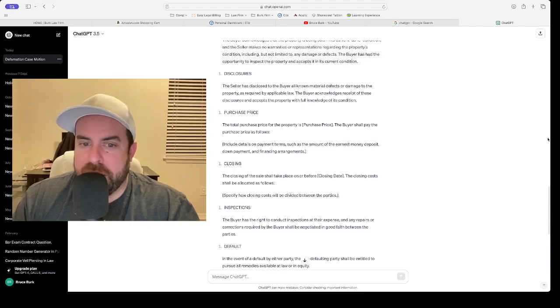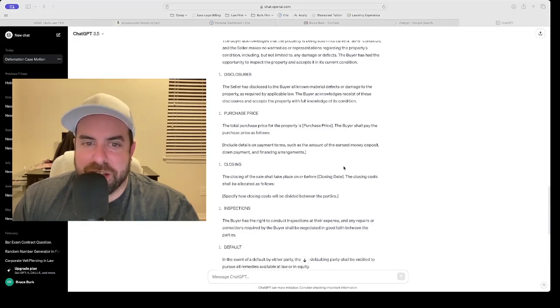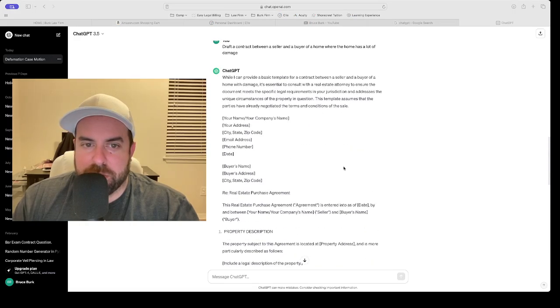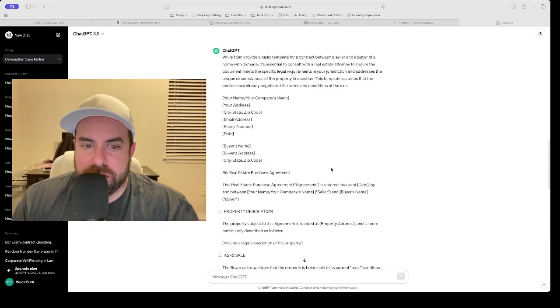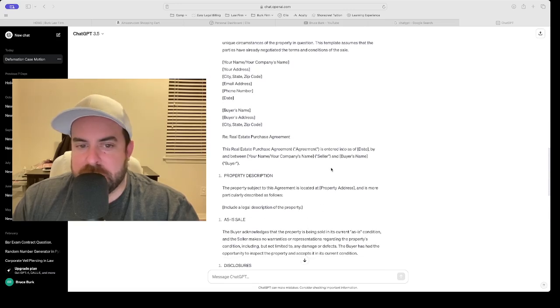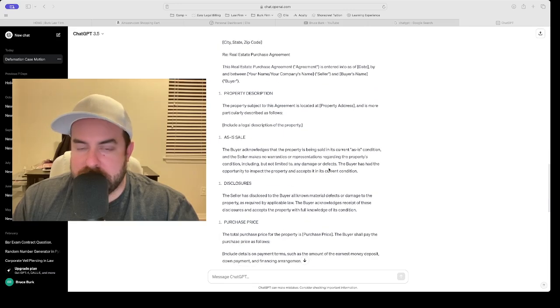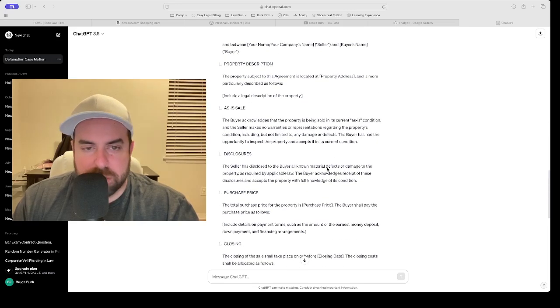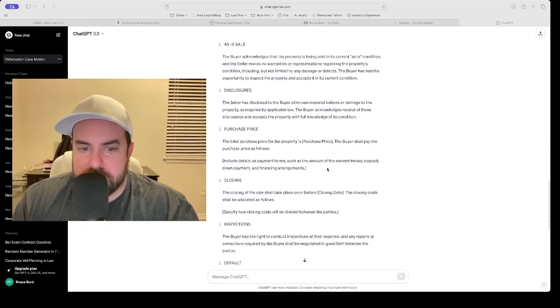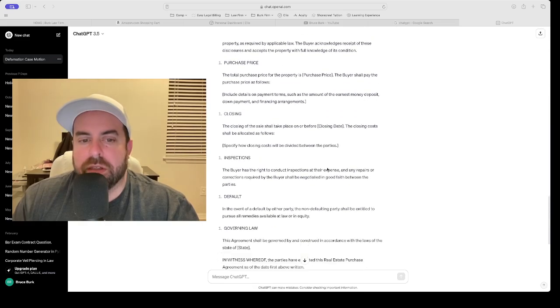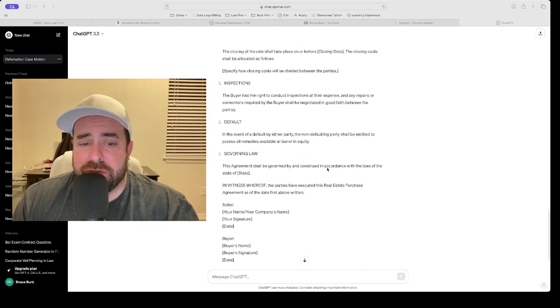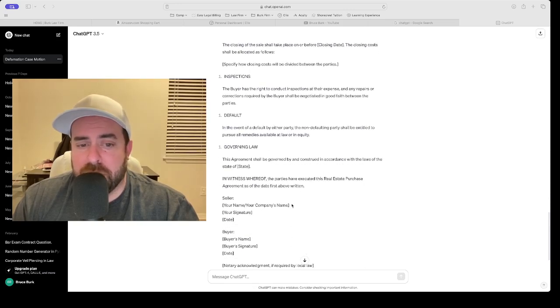See, again, here we have it coming in the form of a letter. So it did real estate purchase agreement, property description, as is. That would be a typical thing in the contract. Purchase price, closing, inspections, default, insert governing law.